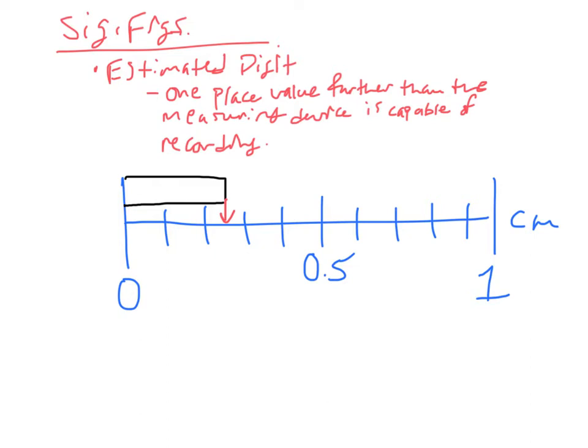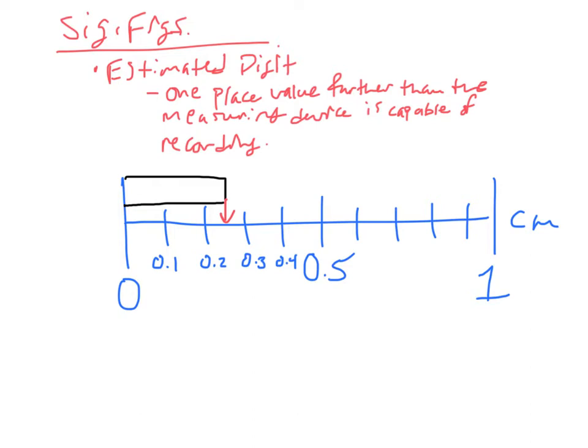So this meter stick is capable of going to the tenths place. Each one of these markings is 1/10. So we know that our block is at least 0.2 centimeters long, but it's less than 0.3 centimeters long.